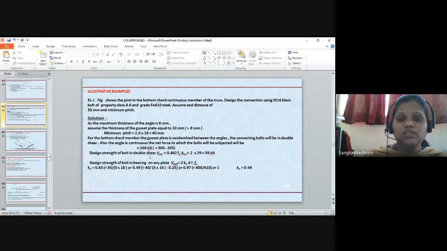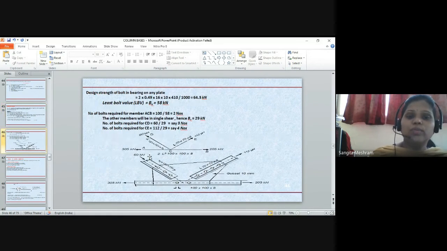That means we have to find out the number of bolts. So for that you first have to find out the single shear value, and double shear. दो members है, 2 LS लिखा है, 2 मतलब 2 members back to back, so there will be double shear, that member will be in double shear.